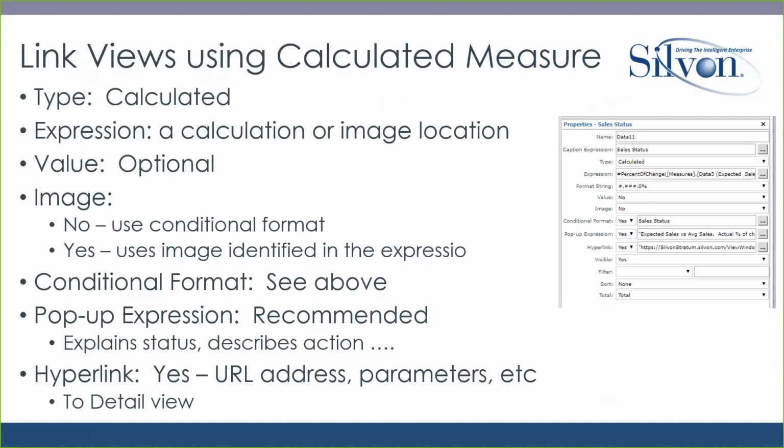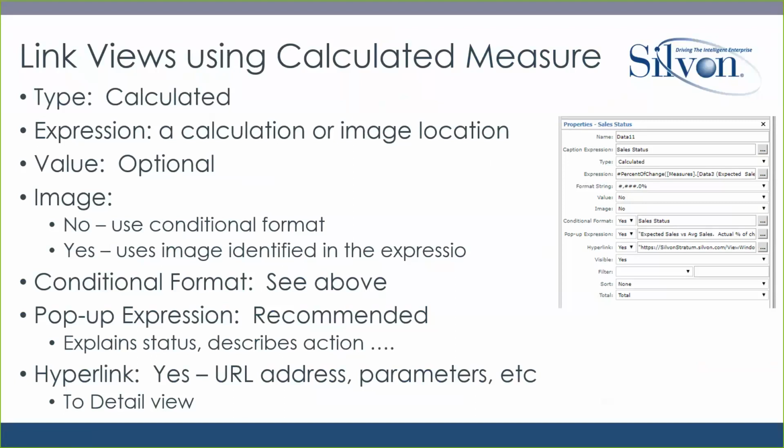The pop-up expression, again, that's something that we use as you hover over a column or a value within a view. This gives the user information. So it can be information about the status of that particular measure. It could describe an action that's going to happen. If I click on this, this is what's going to happen.